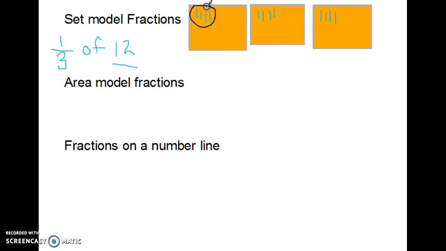So just to see that we understand, 2/3 would be 2 of the vases, and that would be how many total? 8. 3/3 would be all of it, which would be 12. So 1/3 of 12 is just this group, which is 4. I also compare it to dividing up teams.